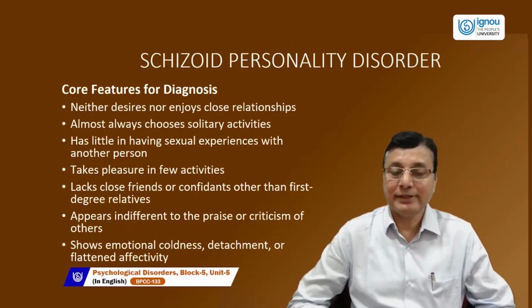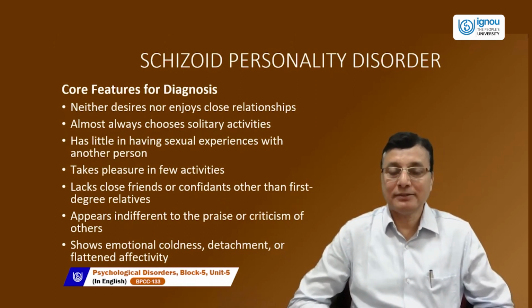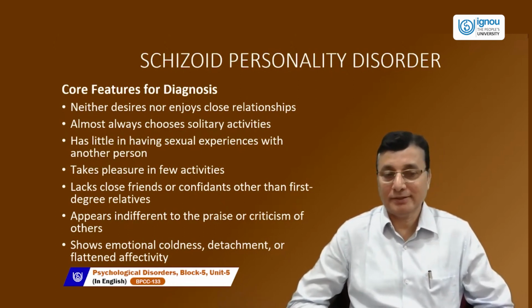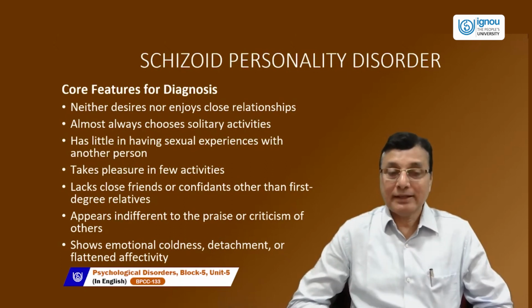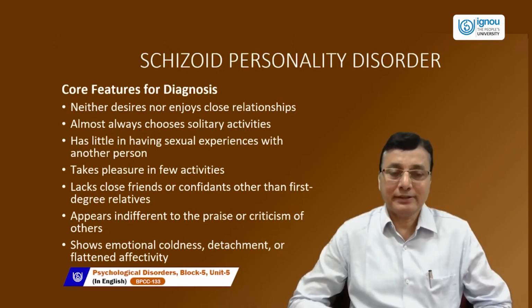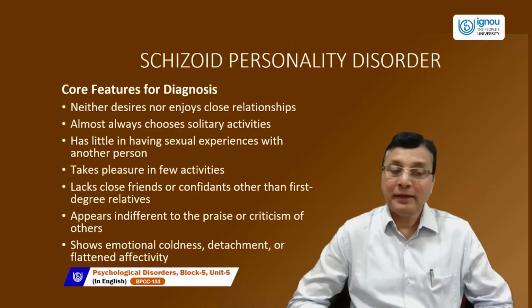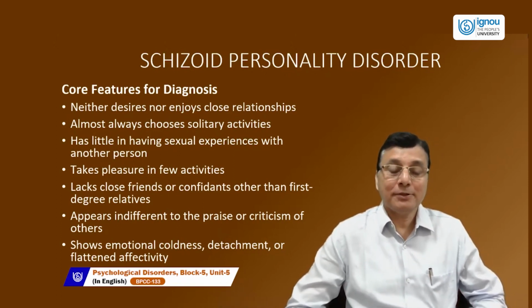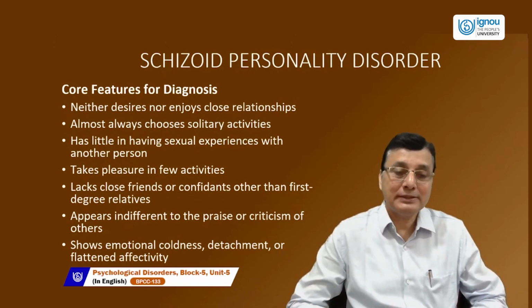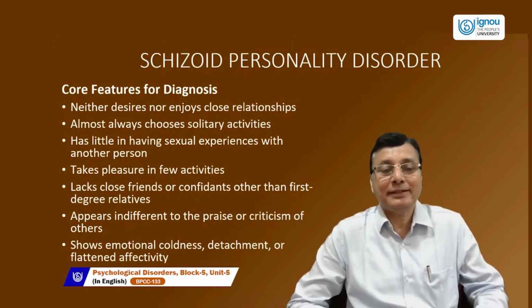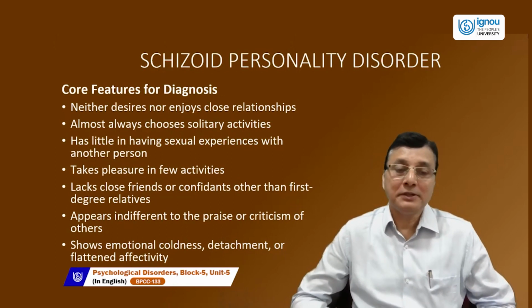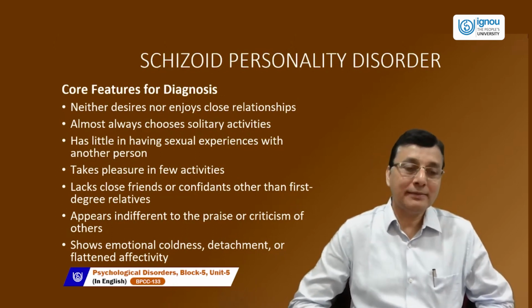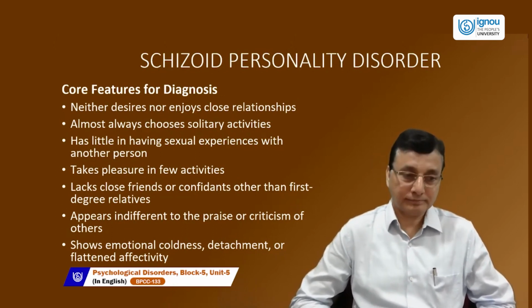See, so this is the difference between paranoid personality disorder and schizoid personality disorder. In schizoid personality disorder, they are indifferent even though you are criticizing them. Whereas in paranoid personality disorder, even though you have not criticized so much, even though the sentence was negative, they may see it as severe criticism and they may argue with you.